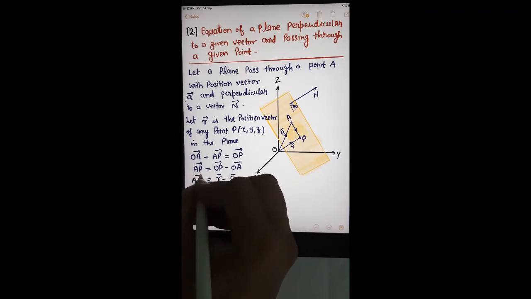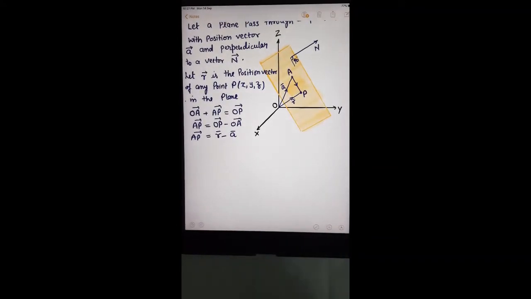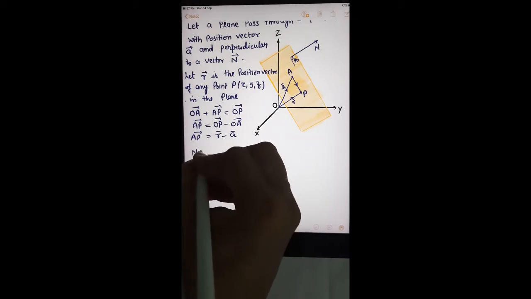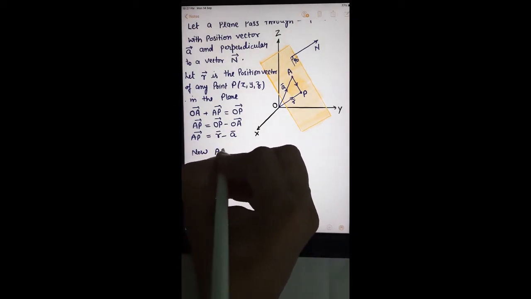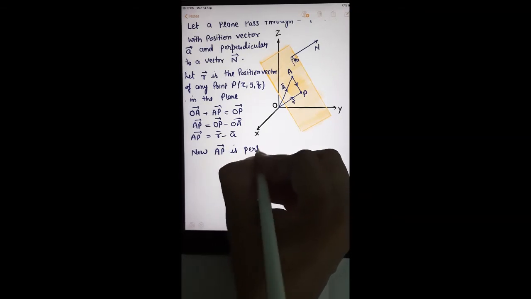So this is vector AP. Now vector AP is in the plane and vector n is perpendicular to the plane, which means vector AP and vector n are perpendicular.